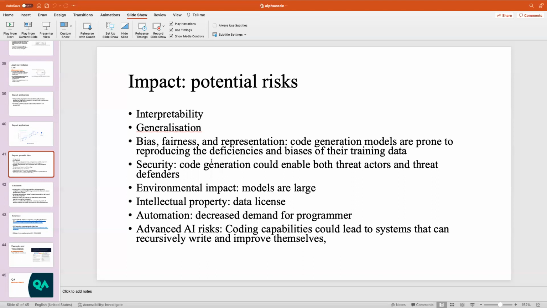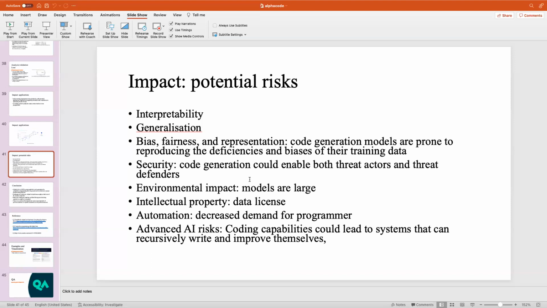And since the model is extremely large, the compute for pre-training the model is very high, so it may have some environmental impacts. And also, since the model is pre-trained on GitHub, the data license of the open source data may also cause some IP problems.